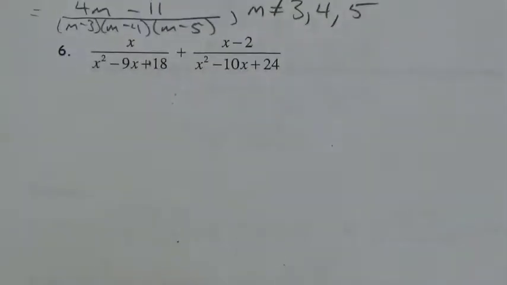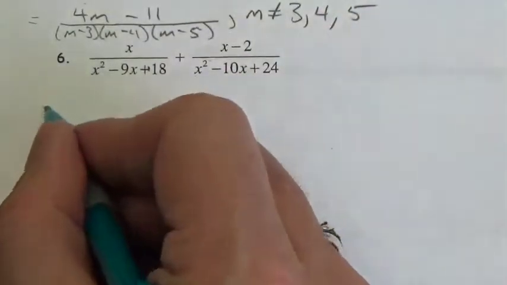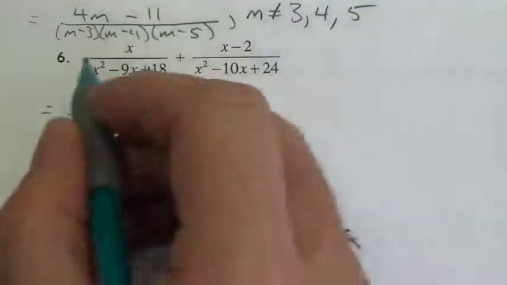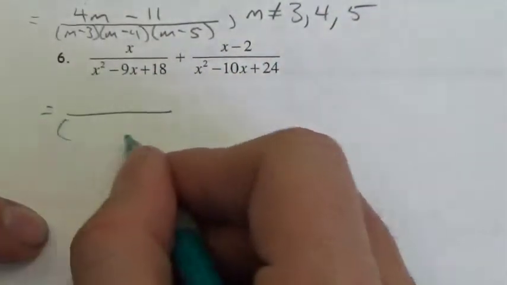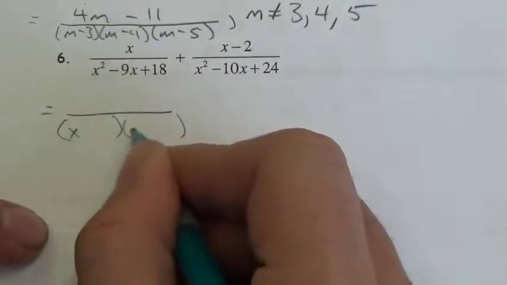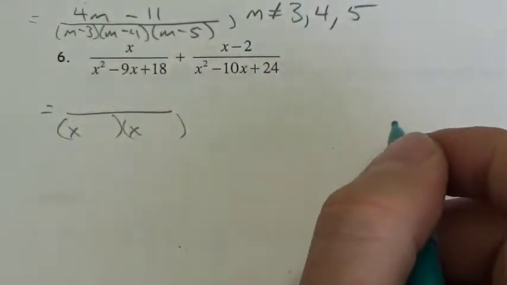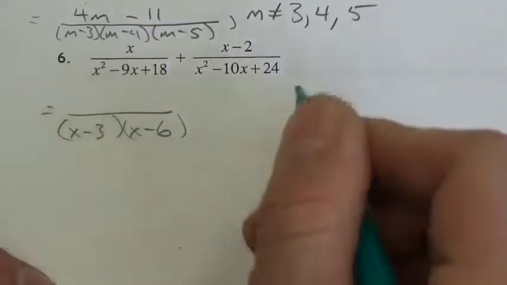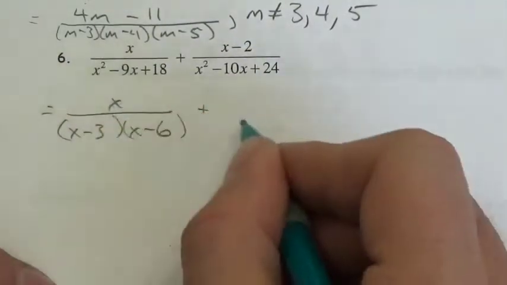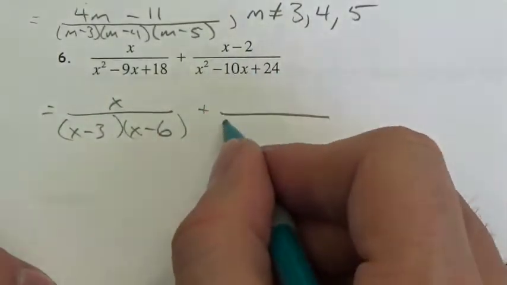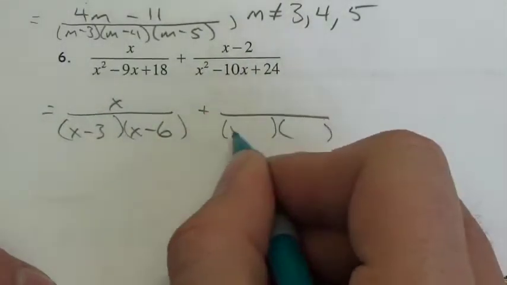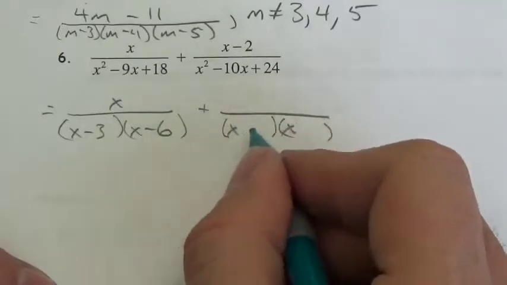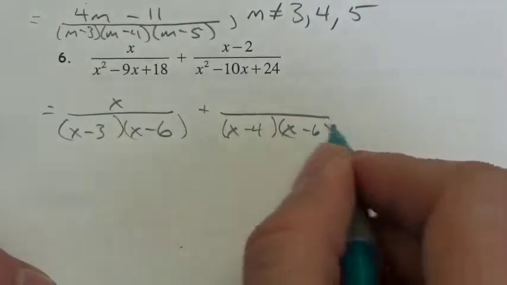All right, now finally, in this lesson, another question here. Again, we just have to factor. So we've got this trinomial, so x, and we're looking at factors of positive 18 that add to negative 9. It'll be negative 3, negative 6. Factors of positive 24 that add to negative 10 will be negative 4, negative 6.